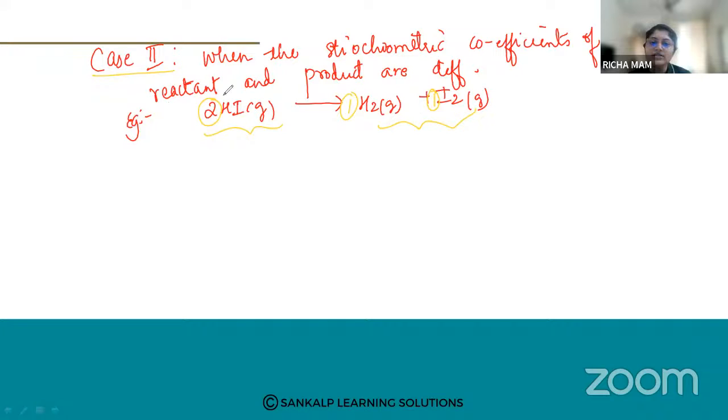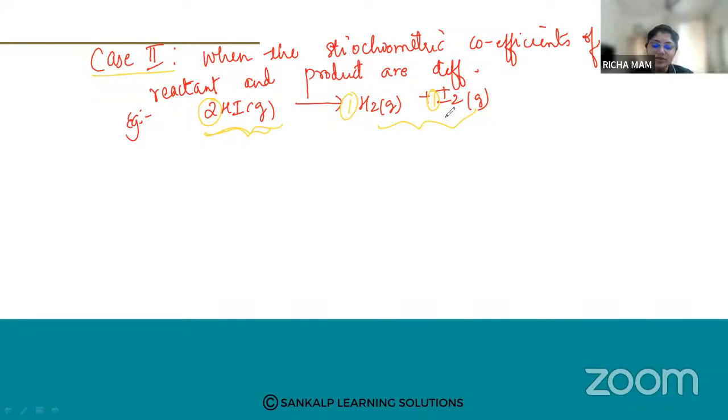So what do we have to do? For every mole of H2 or I2, the rate of consumption of HI is twice the rate of formation of H2 or I2. For every 2 moles of HI, we get 1 mole of H2 and I2, right?